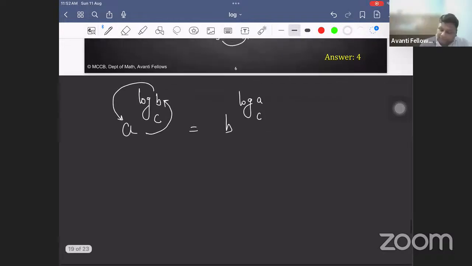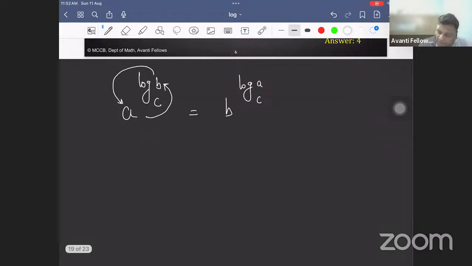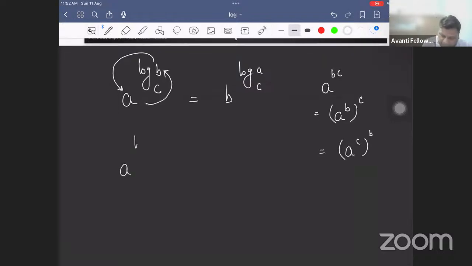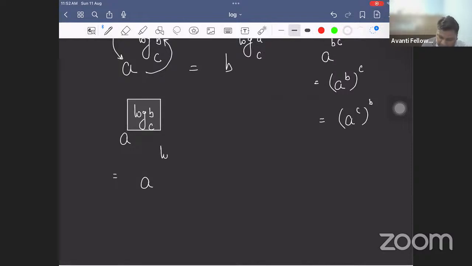Now, how did I get it? Before that, one very small thing I'm going to tell you. A to the power bc is also equal to a to the power b to the power c, is also equal to a to the power c to the power b. Simple rule of indices. All right. Now, they have given you a to the power log b base c. This log b base c, I'm going to change its base. So a to the power, I can write it, log b base a into log a base c.